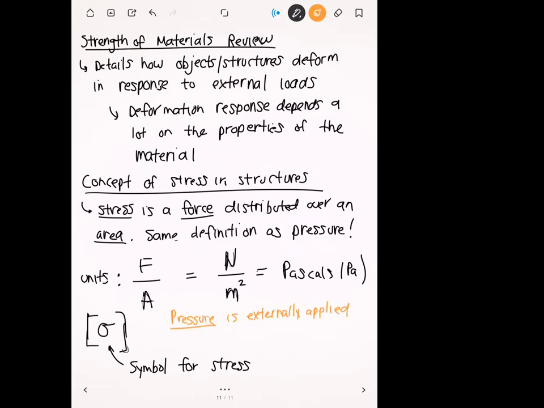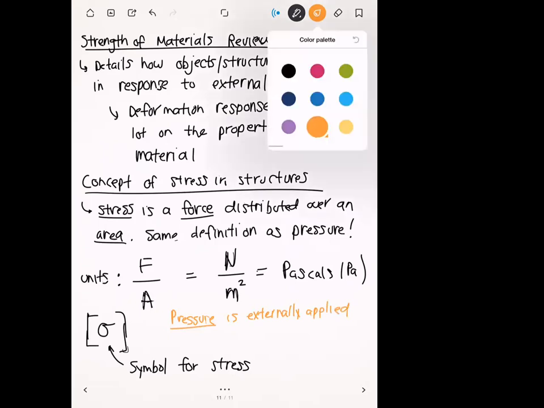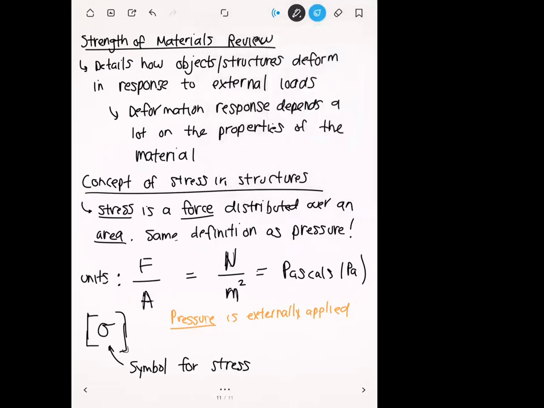You can say that your professors apply a lot of pressure on you when we ask you to do assignments and things like that. Stress is something more internal to a structure. Stress is experienced internally by a structure and is needed to maintain equilibrium.